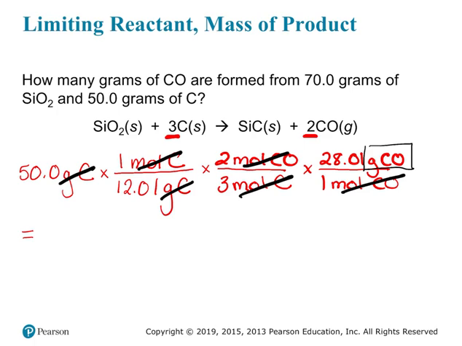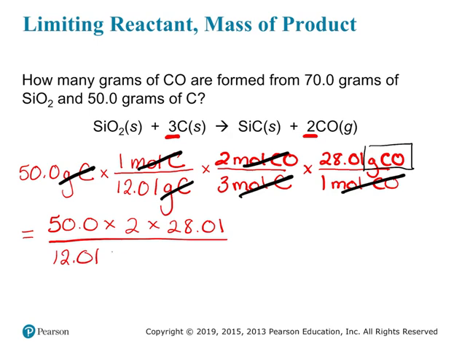So in the numerators, we have 50 times 1 times 2 times 28.01. And in the denominators, we have 12.01 times 3 times 1. Okay, so let's figure out how many grams of carbon monoxide will form if all of the carbon reacts.